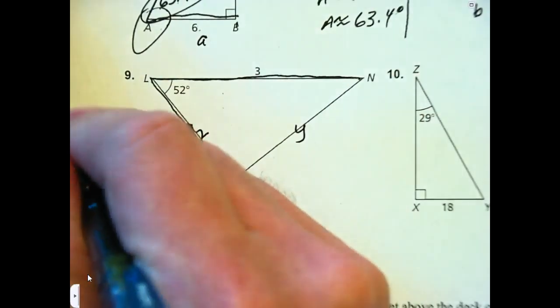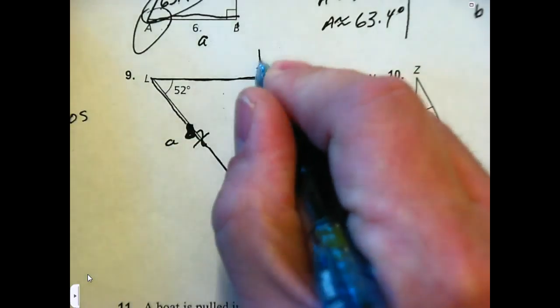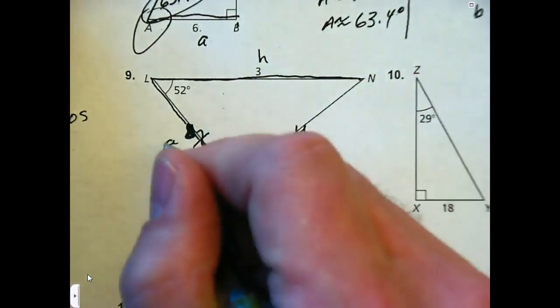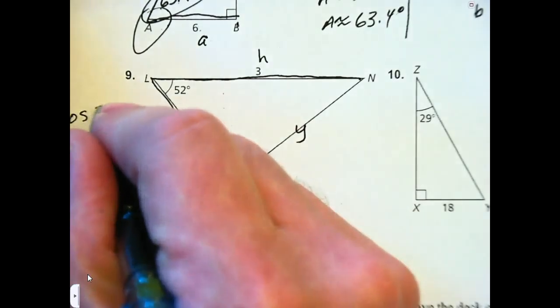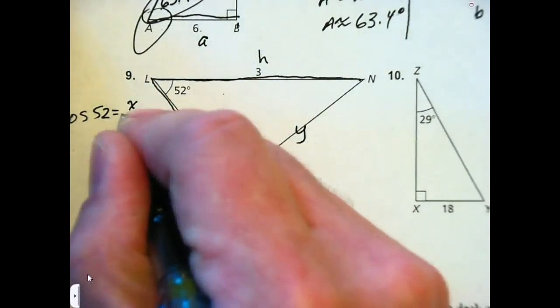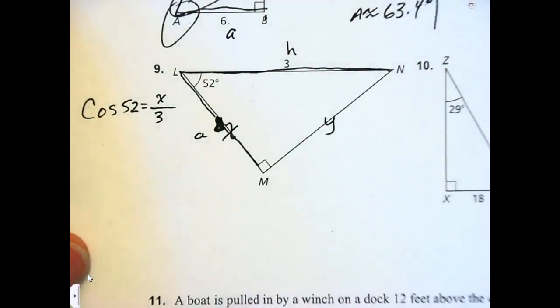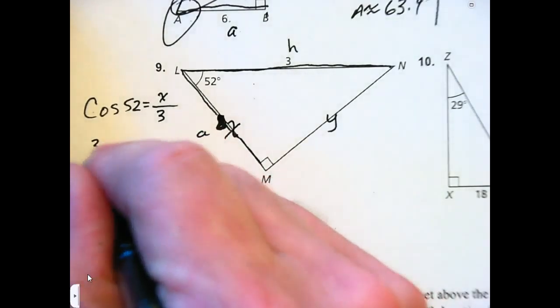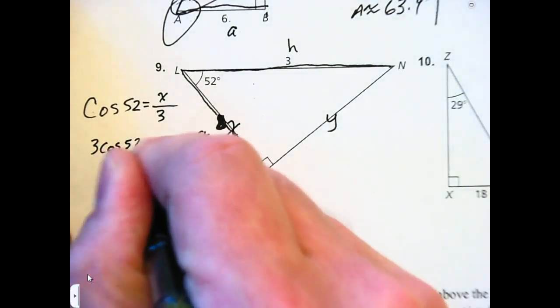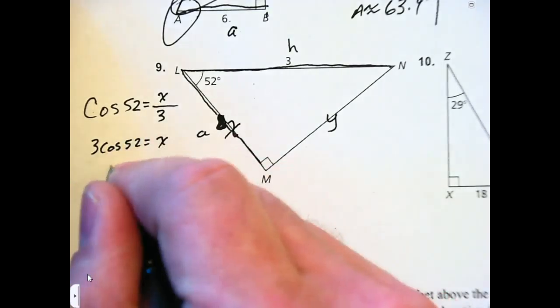If I use that one, I could use cosine because I have adjacent and hypotenuse. So the cosine of 52 is equal to x over 3. And if I solve that, I get 3 cos 52 equals x. So x is 1.8.